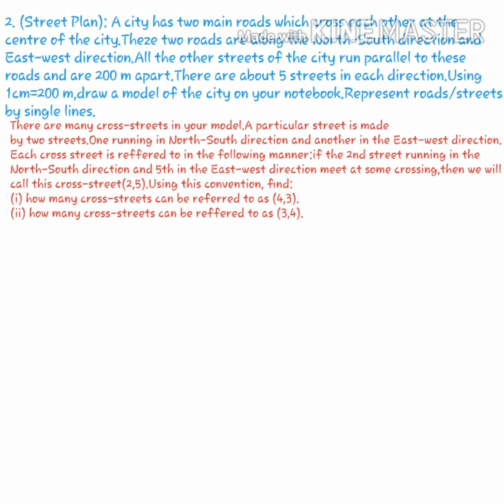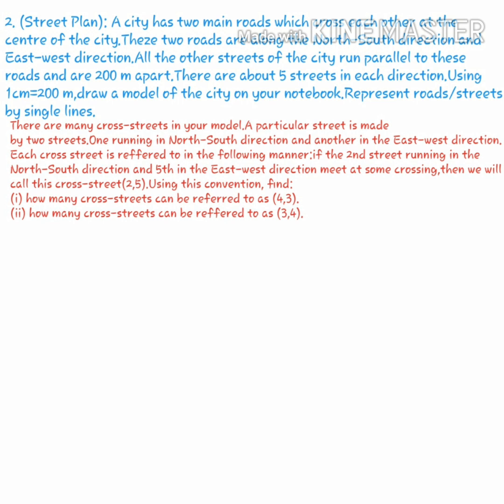Using this information, find: first part, how many cross streets can be referred to as 4, 3; second part, how many cross streets can be referred to as 3, 4.